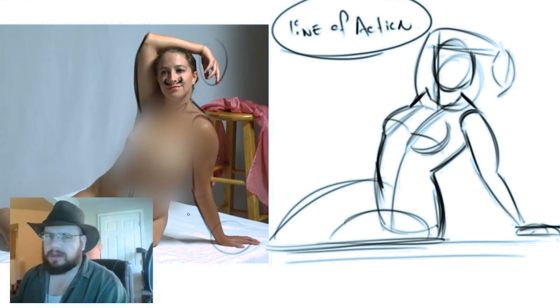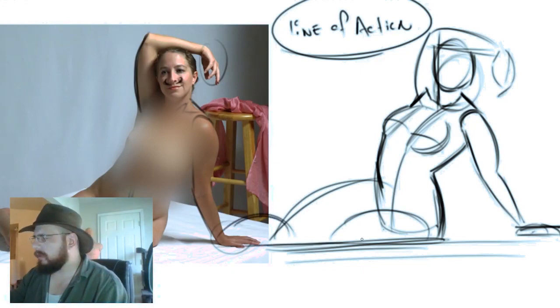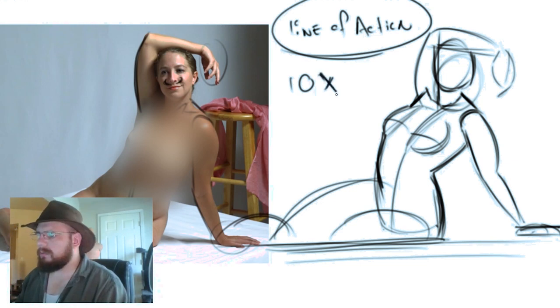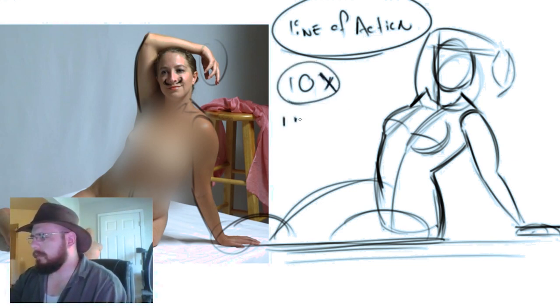If you have one drawing like this, rather draw that drawing, I would say, 10 times. Draw 10 versions of the same drawing, spending no more than 1 minute per gesture drawing.